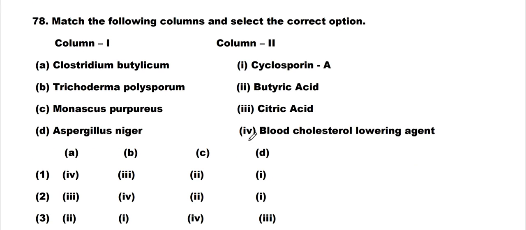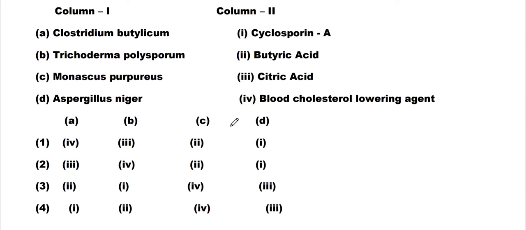Next, matching. Question number 78. Column 1 with column 2. Fine. So first, Clostridium butylicum, straight away you can go with butyric acid, right? Next, Trichoderma polysporum is cyclosporin A. Next, Monascus purpureus is a blood cholesterol lowering agent.